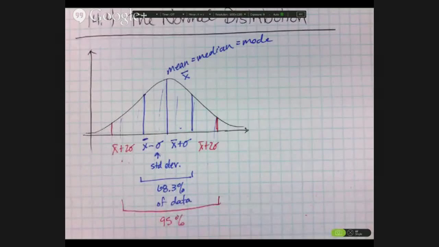Okay. And the next one is 3 standard deviations. And how much of that data? Yeah. Pretty darn close. 99.7.